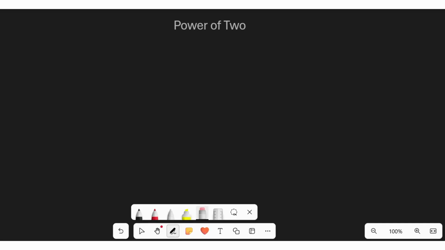Let's now try to understand what this problem says. According to the LeetCode problem, we are given a number x, suppose we have 16. And now we have to return true if this number can be represented as a power of 2. We know that 2 to the power 4 is 16, so this 16 can be easily represented as a power of 2.